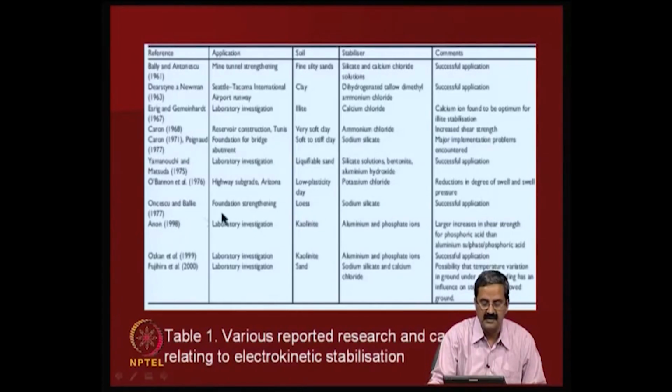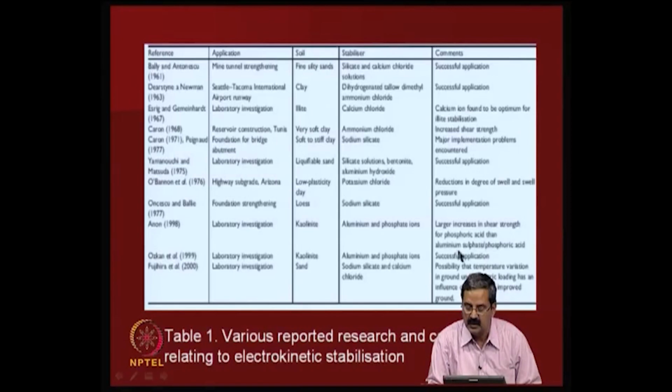Then there is another one in 1977, foundation strengthening in a loess deposit, where sodium silicate was used as the solution, and it was a successful application. Annan, again a laboratory study, used kaolinite as the clay soil type, with aluminum and phosphate ions. They observed a large increase in shear strength for phosphoric acid compared to aluminum sulfate.